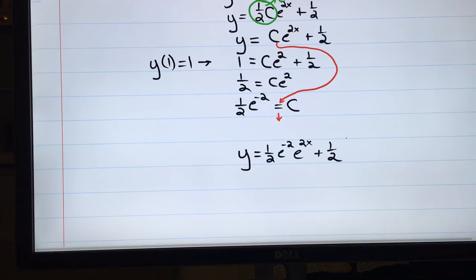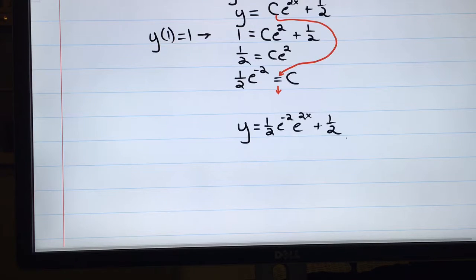Just condensing together, I have e to the negative 2 times e to the 2x, and multiplying together exponential base terms, you have 1/2 of e to the negative 2 plus 2x from the product rule.